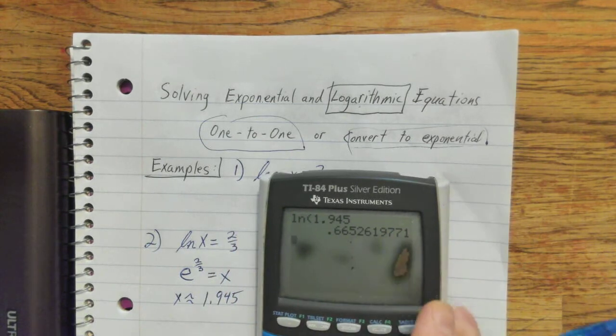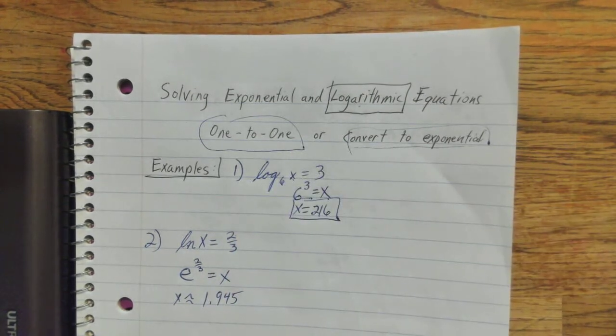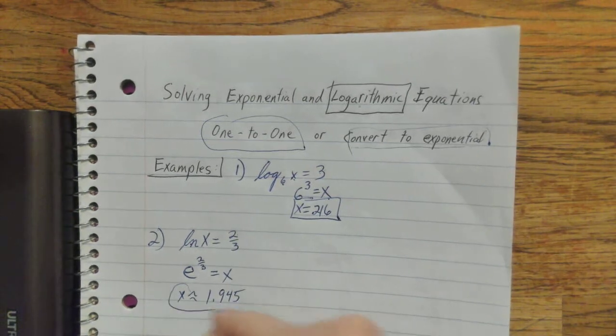Remember, 2/3 is 0.6 repeating, so I think that's pretty close. All right, so we'll stick with that one.